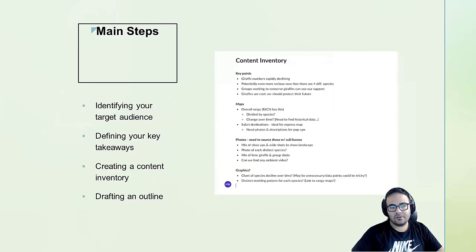And then after identifying your target audience, define your key takeaways, kind of write these steps down for yourself. Create a content inventory. So maybe a folder on your computer or cloud where you store all of the information, all of the maps, all of the images, videos, or links to them. You just put them right there and then draft your outline and finally start building your story map.